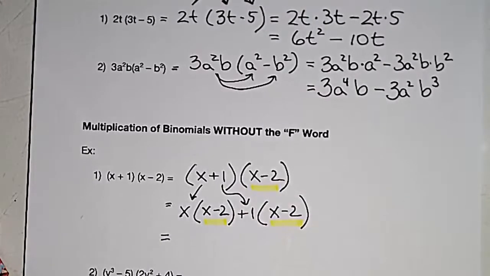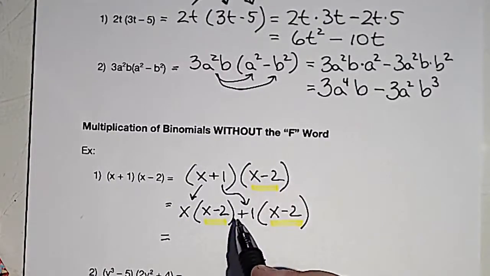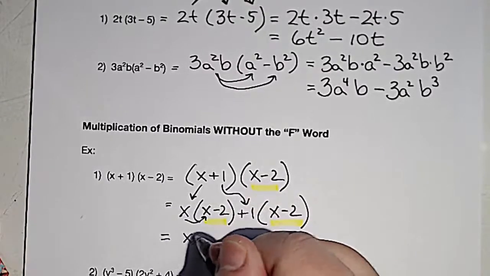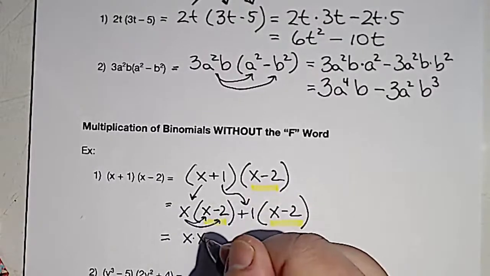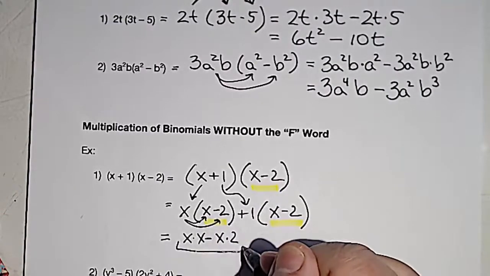But then if I've simplified it, instead of making it a binomial times a binomial, I did a monomial times a binomial, which is what we did up there. I'm just doing the distributive property. X times x minus x times 2. So that's the first part.